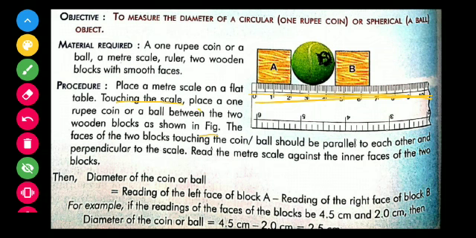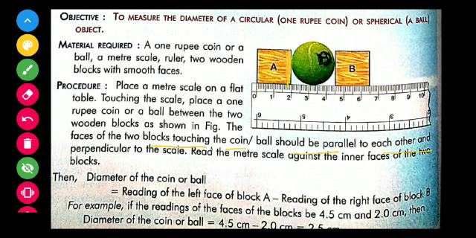This is your spherical body, a ball, between two wooden blocks as shown in the figure. There are two wooden blocks A and B, and the faces of the two blocks touching the coin should be parallel to each other.